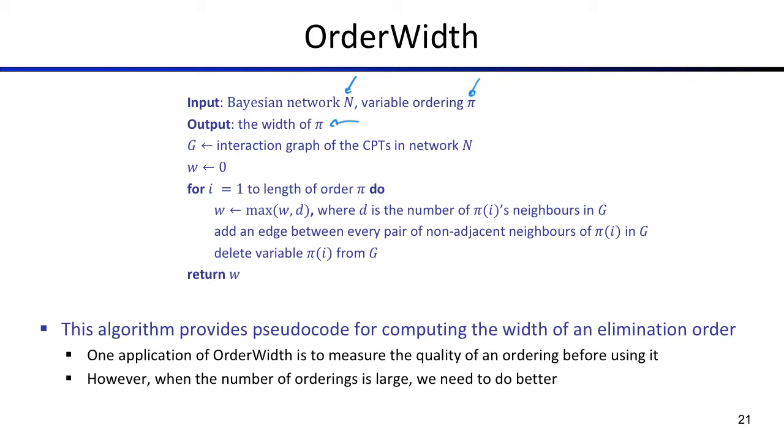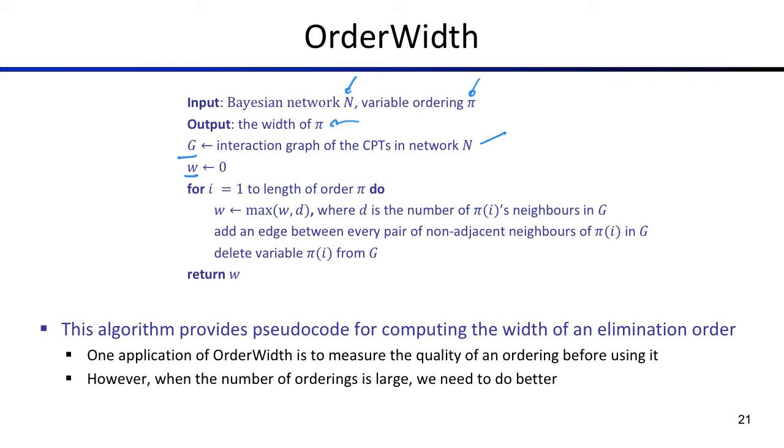So we start with the interaction graph that we created from the CPTs of the Bayesian network N. This graph G here is the model graph that we create. So we needed to connect every pair of nodes that represent variables that appear together in a factor. We initialize the variable w that we will return at the end of the algorithm with the value 0.